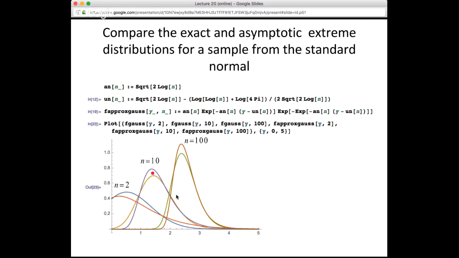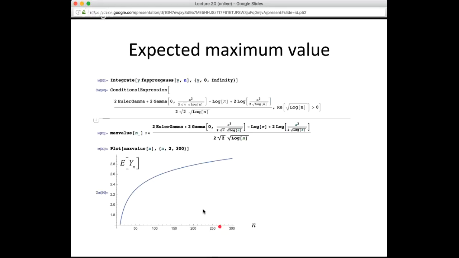If we go back here, we saw with the distribution that it kind of peaks. The most likely value is sort of around 2.5 or so, with maybe a little bit more probability in the descending tail. So yep, that makes sense. And you can see that the expected value for the maximum value increases as the sample size gets larger.